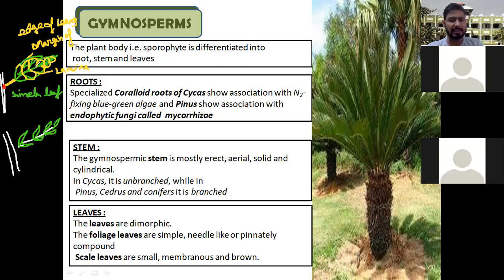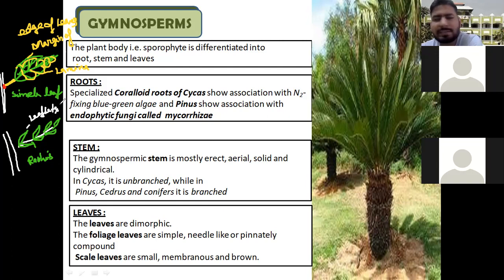It means the incision arrives up to the midrib. Now you can see this is the lamina. This is going to incise up to the midrib, and ultimately there is the formation of the rachis. This structure is known as the rachis, and this green structure is known as the leaflets. So this is called the compound leaf.